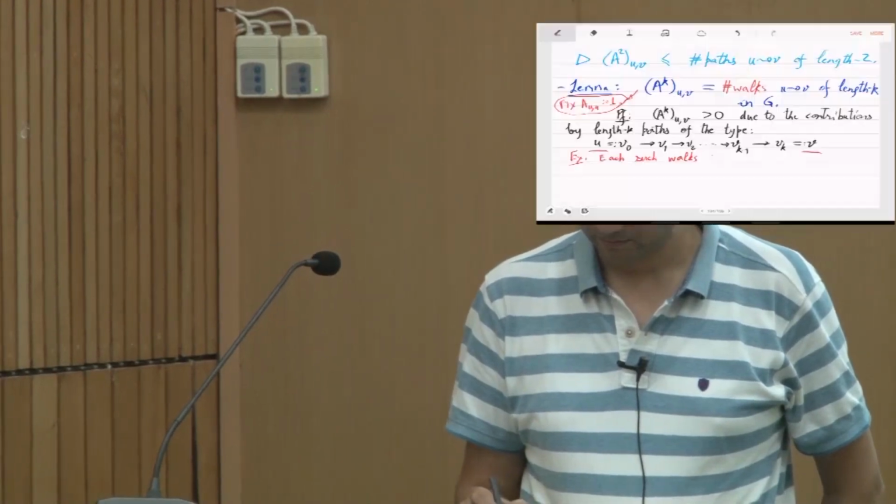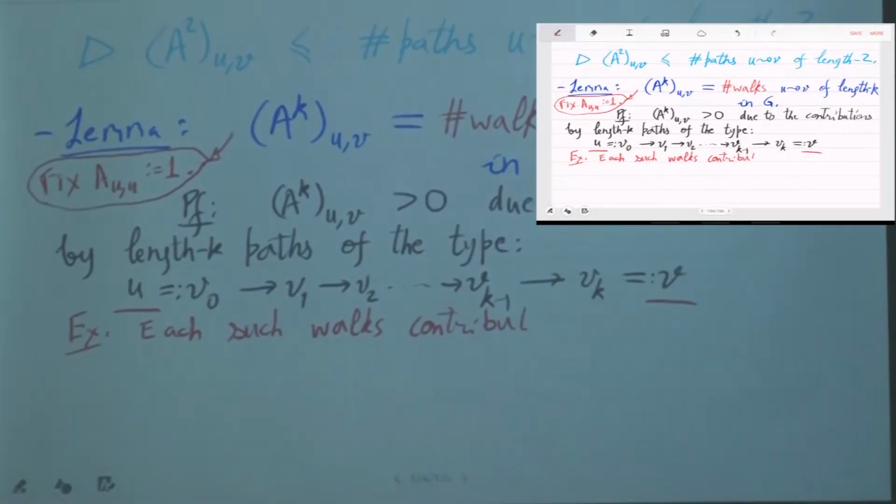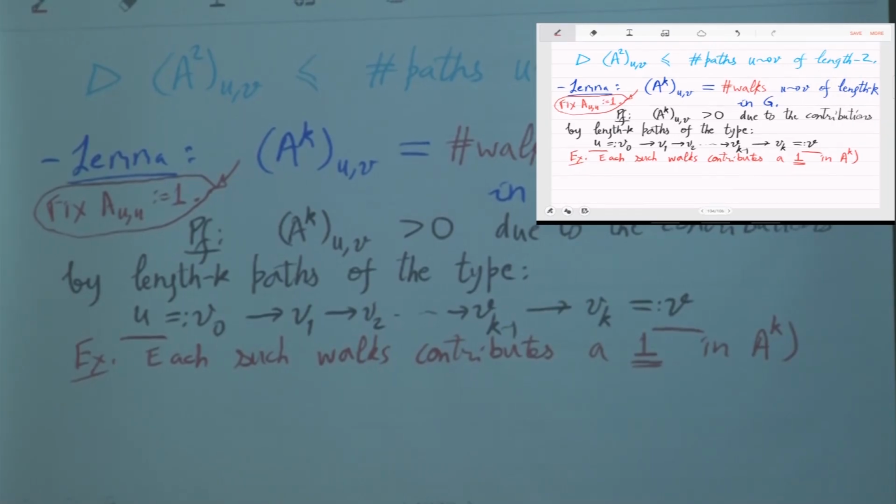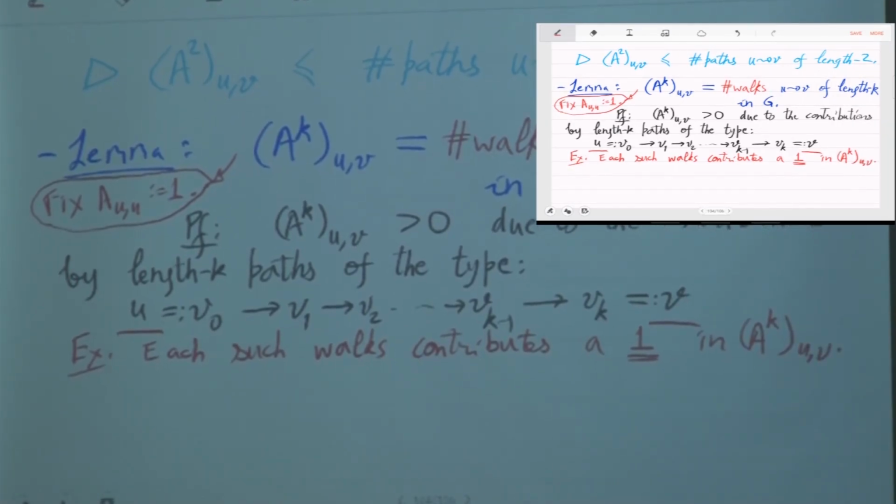So each such walk contributes a 1 in A raised to k's uv-th entry. And hence you show that A raised to k's uv-th entry is exactly the number of walks of length k from source u and destination v. Is that clear?